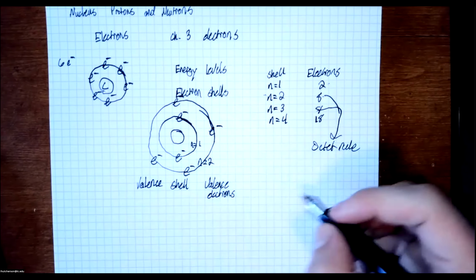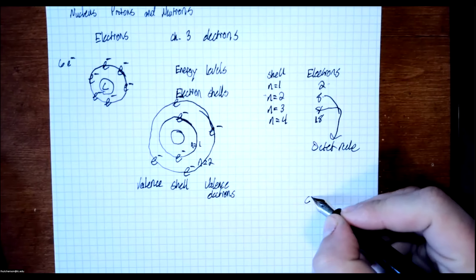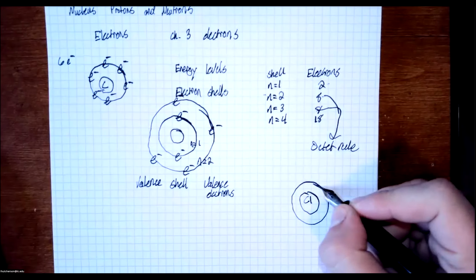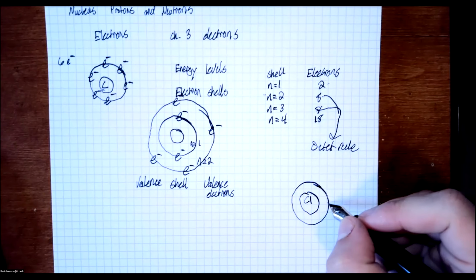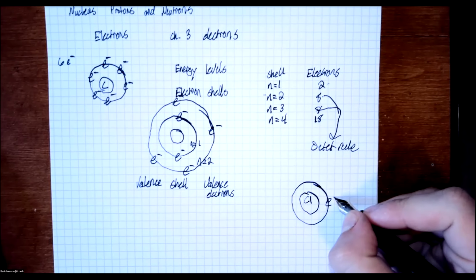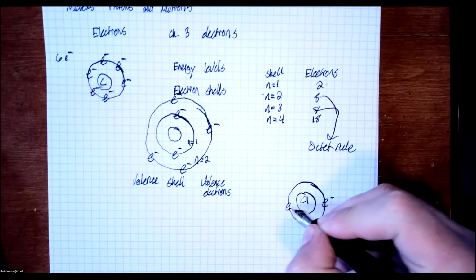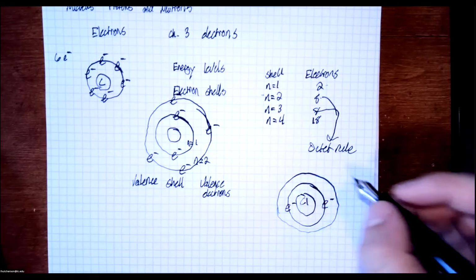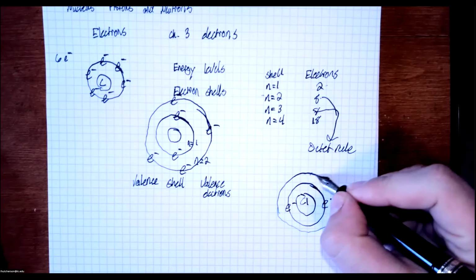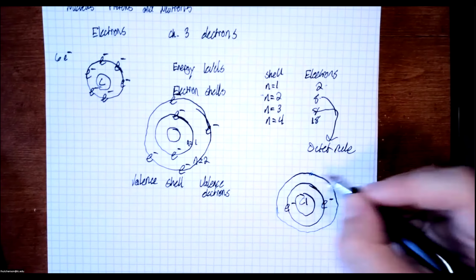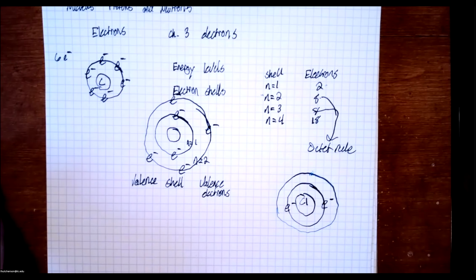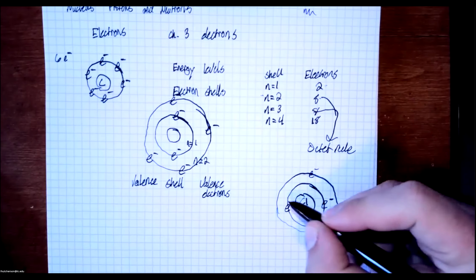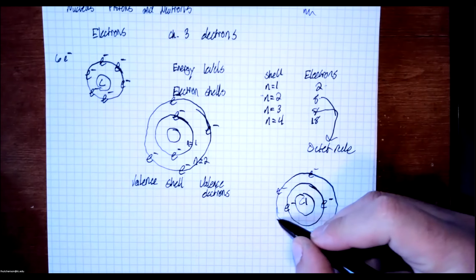All right, let's do a little bit more complicated one. Let's look at chlorine. Now, chlorine has 17 electrons, right? So let's put our 2 in our n equals 1 shell. Then we can put 8 in our n equals 2 shell.